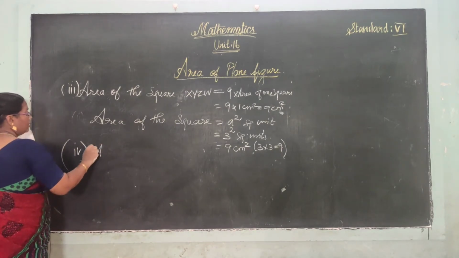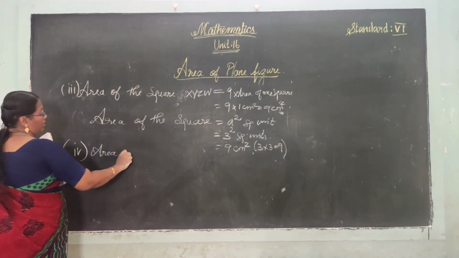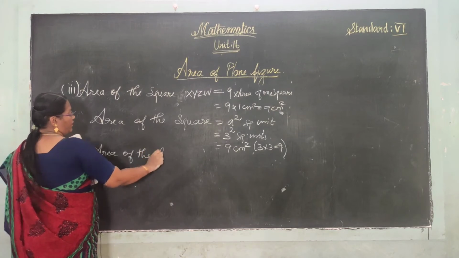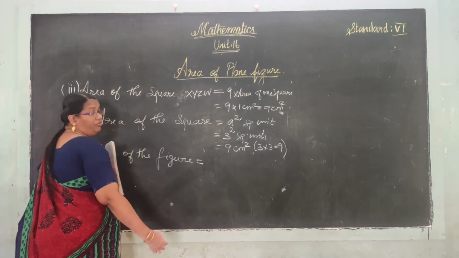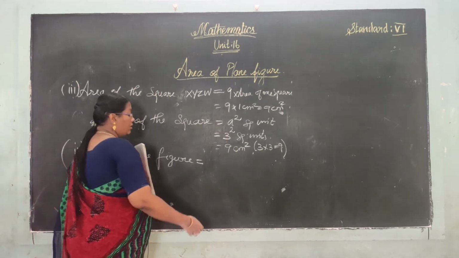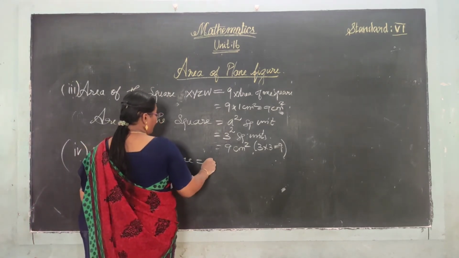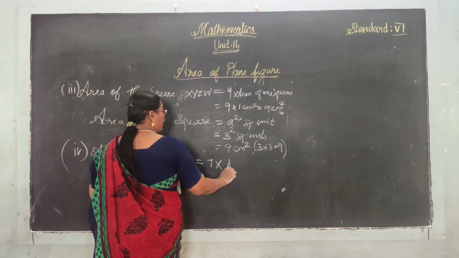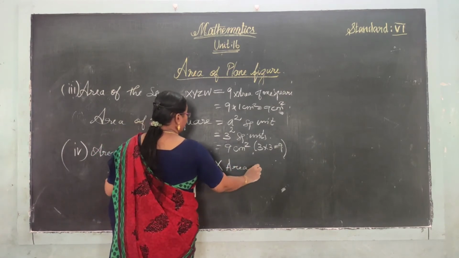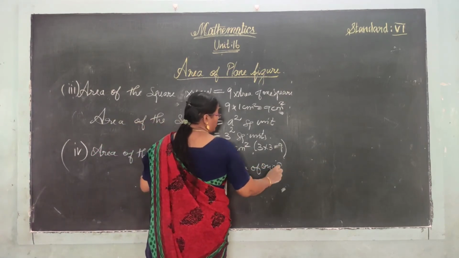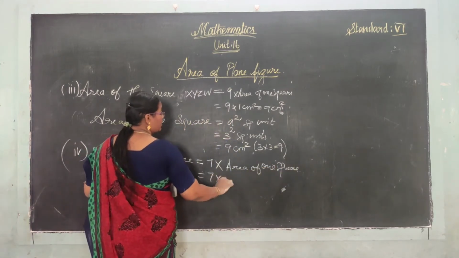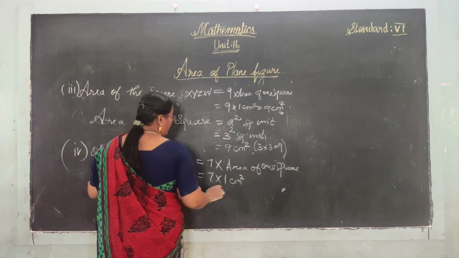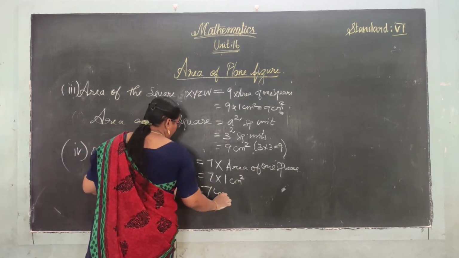Area of the figure is the number of square boxes. 7 into area of 1 square is equal to 7 into 1 centimeter square is equal to 7 centimeter square.